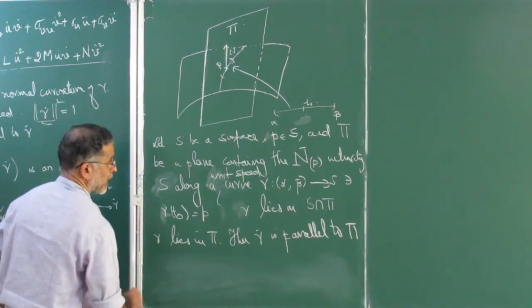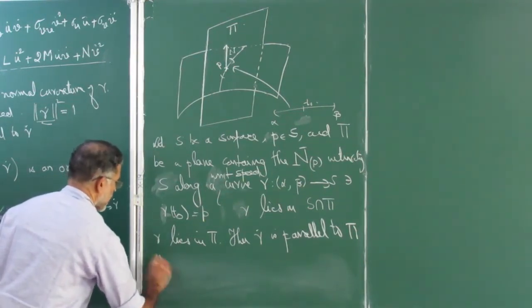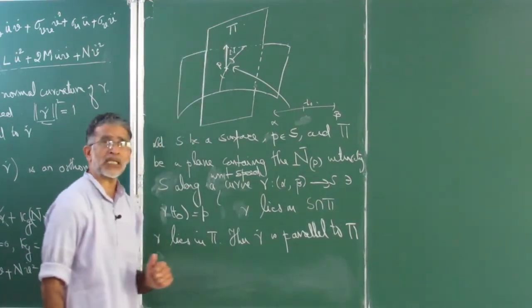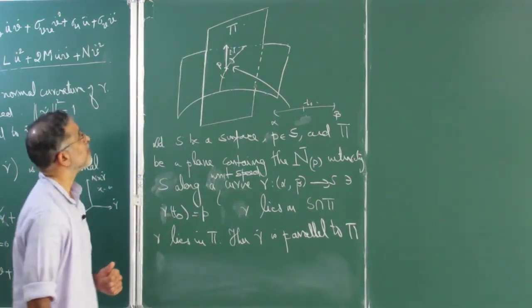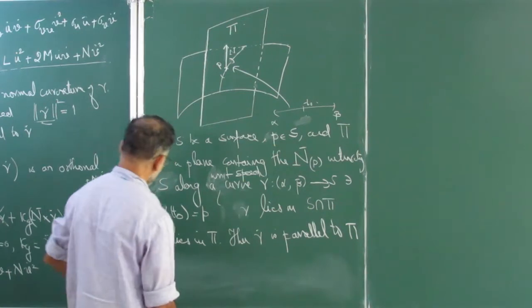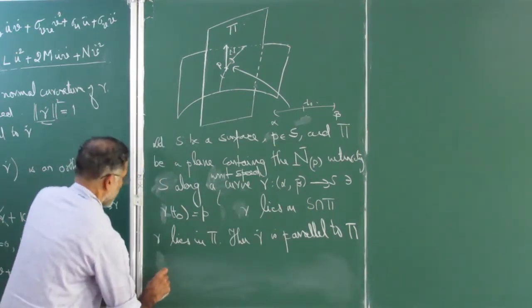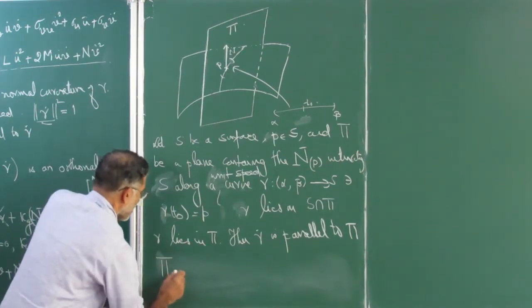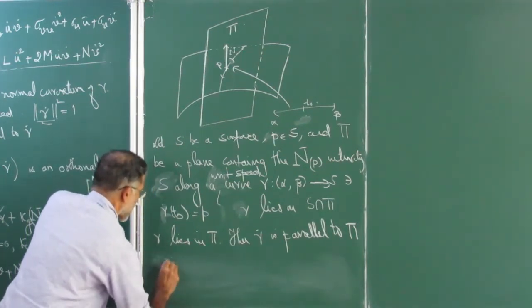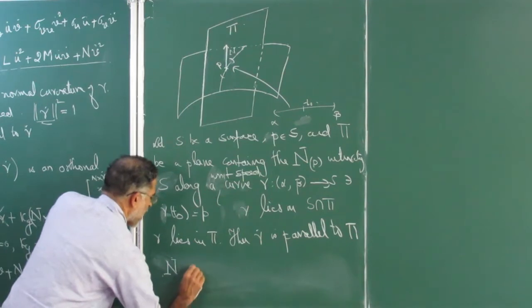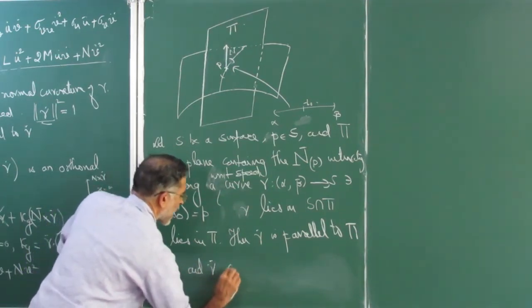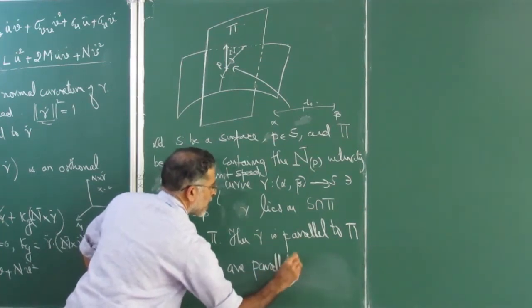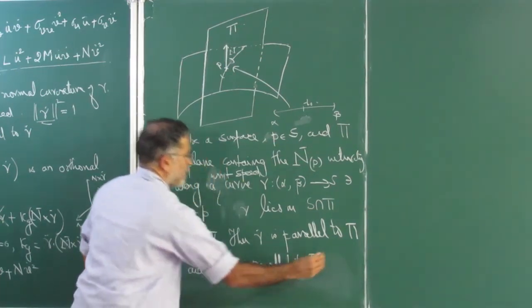Hence, but what do you know about pi? Pi contains the normal vector. And so both N and gamma dot are parallel to pi.